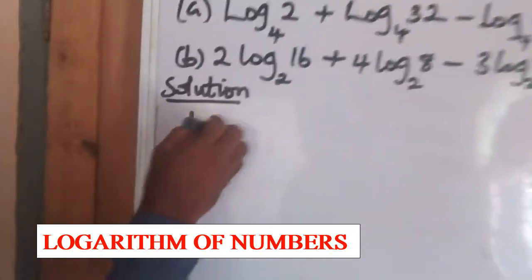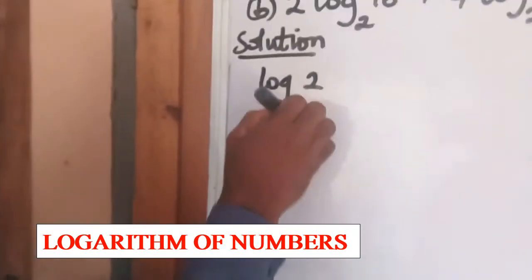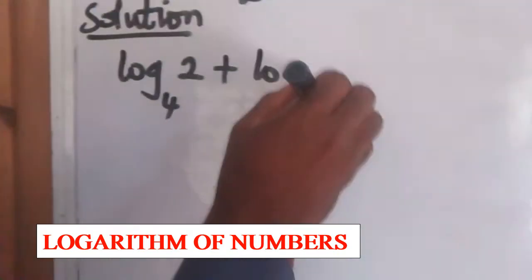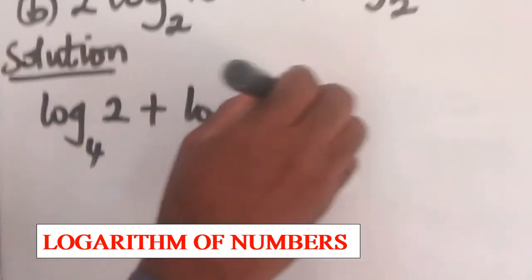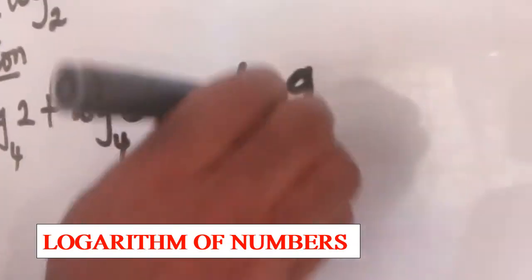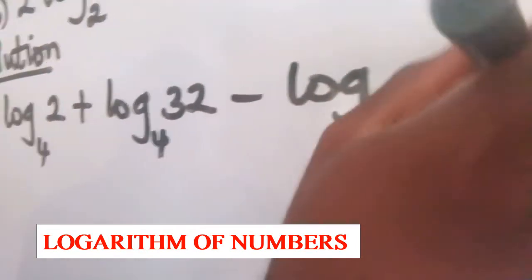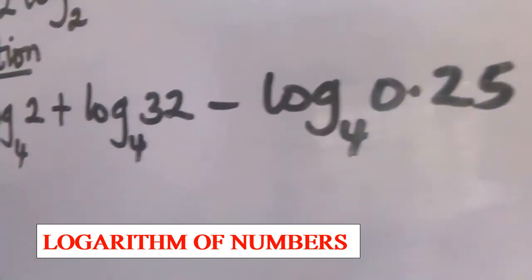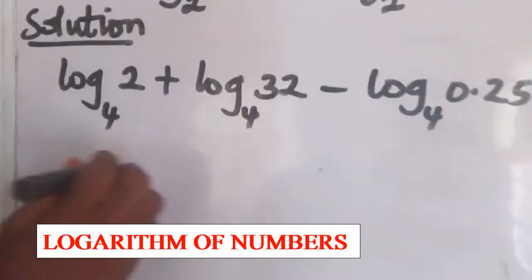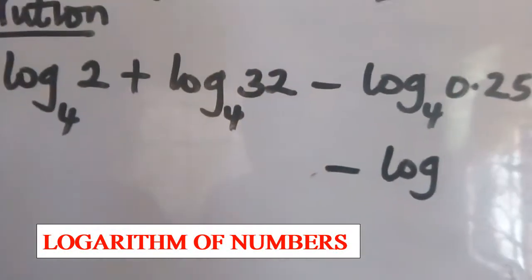We have log 2 base 4 plus log 32 base 4 minus log 0.25 base 4. Firstly, this decimal here, we have to convert it to a fraction.